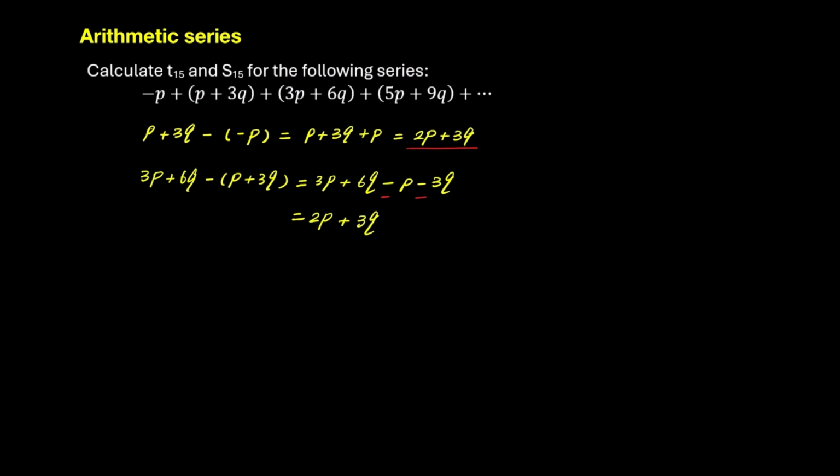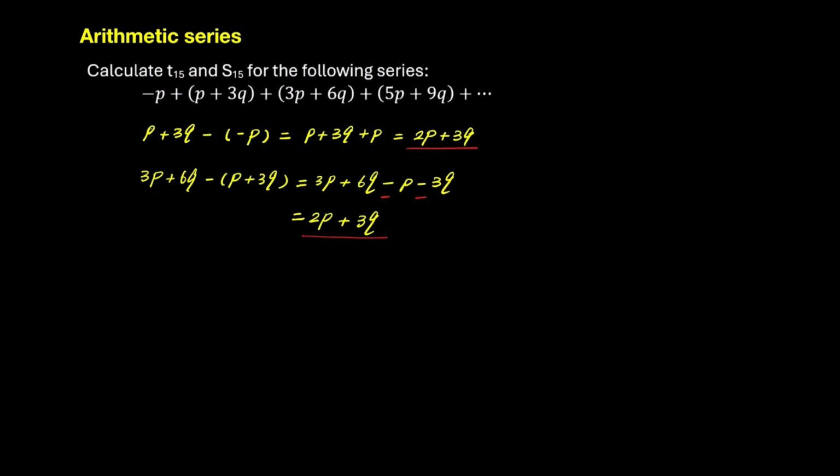Okay, now you can see that the difference between the second term and the third term is also 2p plus 3q, which is the same as the difference between the first and the second term. You can also check the difference between the third and the fourth term, and the difference will also be the same, 2p plus 3q.